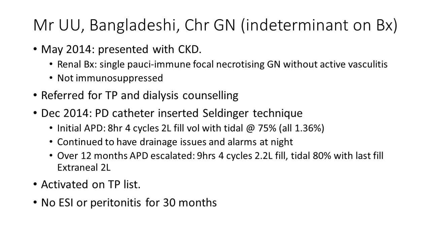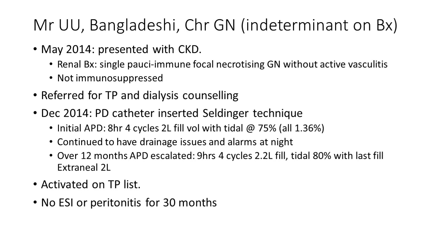Unfortunately, he had continuous alarms at night from the APD machine. He had constant drainage issues. But over time he persisted with APD, and things got a little better, although we needed to increase his dialysis, and he was on 9 hours, 4 cycles, 2.2 litre fill, 80% tidal with a last fill of 2 litre extraneal after 1 year of dialysis.